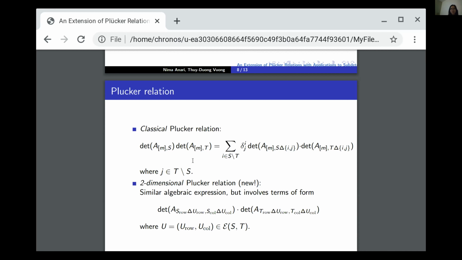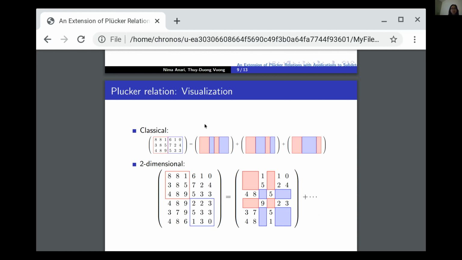It's easiest to look at this picture. In the classical case, each term here is a product of the determinants of the submatrix in red and the submatrix in blue, and the product can be rewritten as the thing on the right-hand side.